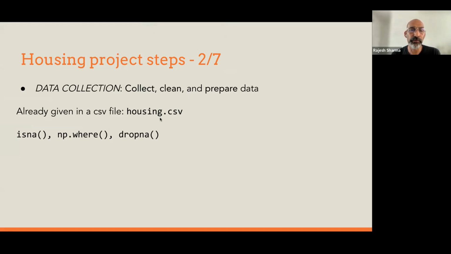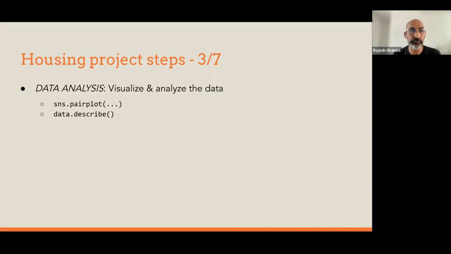And then you would use some of these methods in NumPy or pandas to look at, for example, some of the data might be empty, or some data may be outliers that you want to drop. So these three functions let you find where the data is empty. You may want to drop some of the columns altogether, features altogether, or clean up your data in any way. So this is the opportunity to do that.